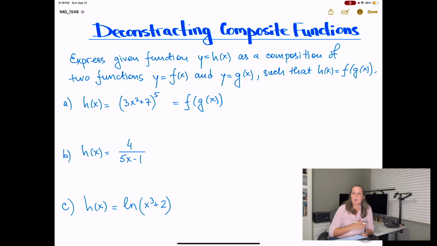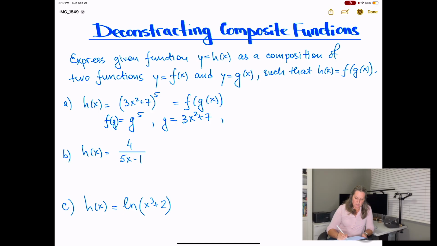Let's start with the outer function. We notice that we have the expression 3x squared plus 7 raised to the power of 5. What if anything raised to the power of 5 will be called the function f? Right now, I have written f as a function that depends on input g, where g is replacing the expression 3x squared plus 7.